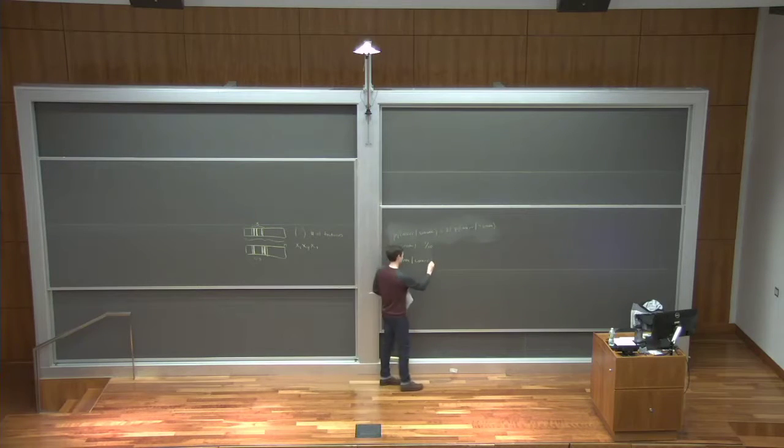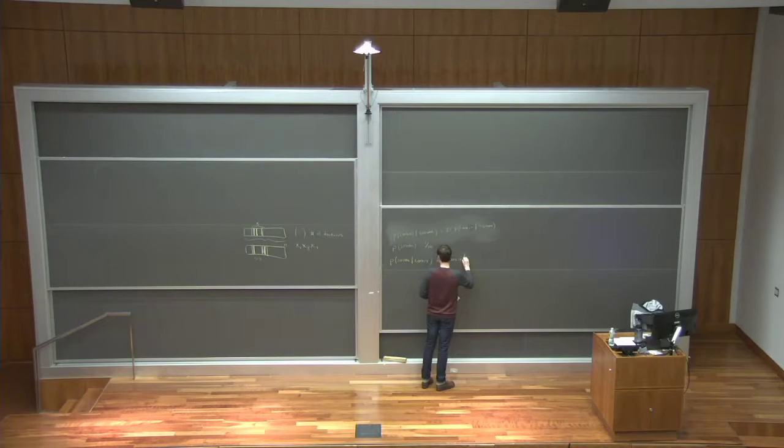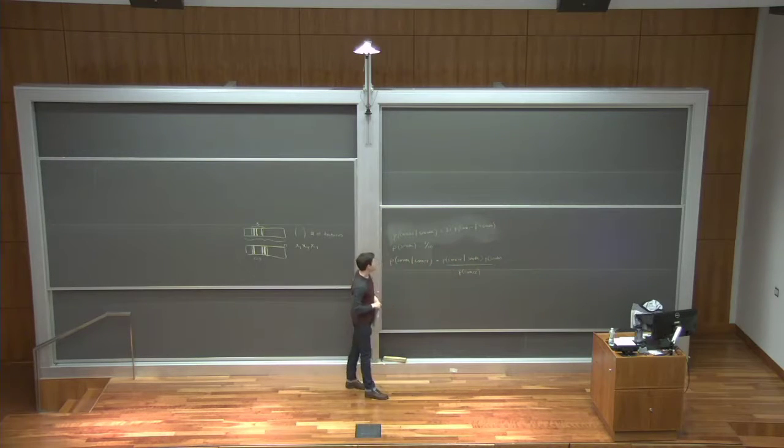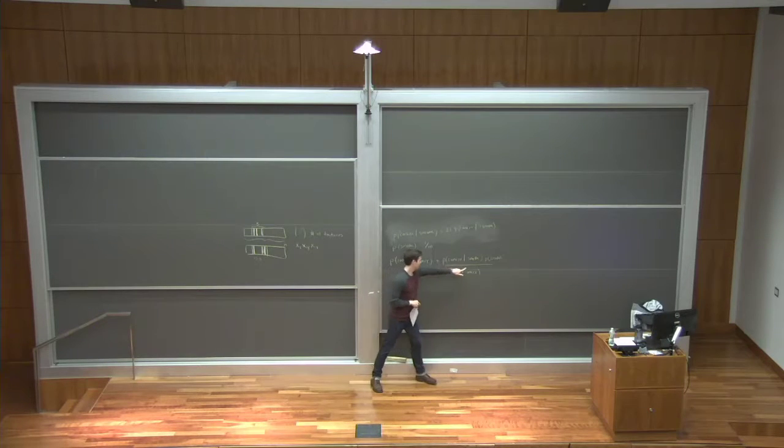If you remember Bayes rule, you can swap these and say the probability of cancer given you smoke, times the probability of smoke, divided by the probability of cancer. So we're already in a better spot because we know something about this and we know something about this.